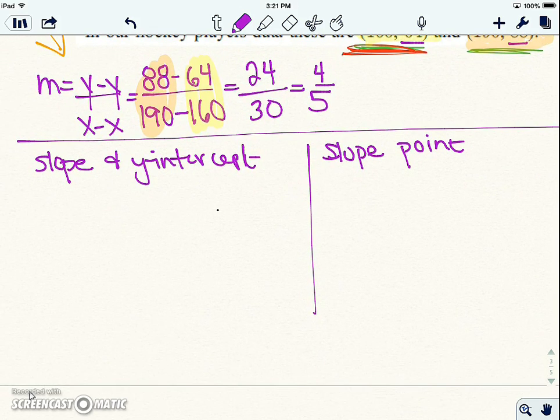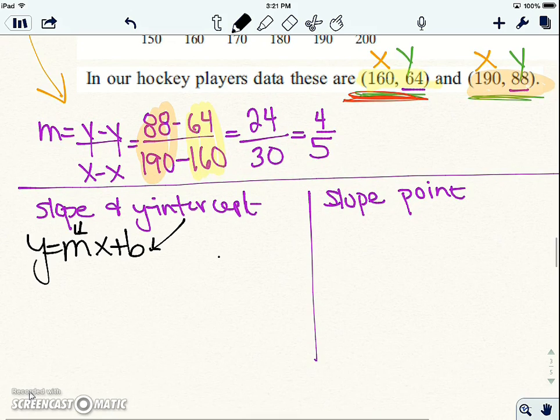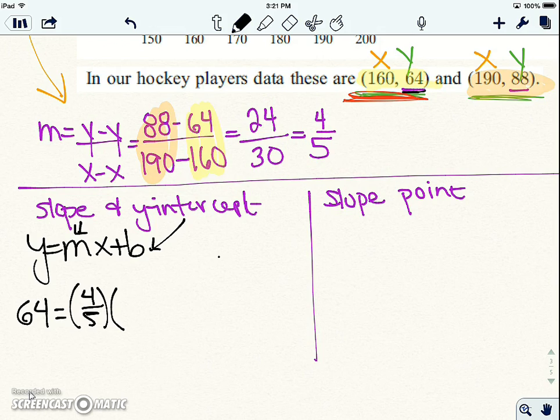So this one is y equals mx plus b, right? Slope and y-intercept. And so we're going to go ahead and just plug in our points. Well, we know we have an x and a y at 160 and 64. So our y is 64. So we're going to say 64 equals, our slope was 4/5, and with that y, our x was 160 plus b.